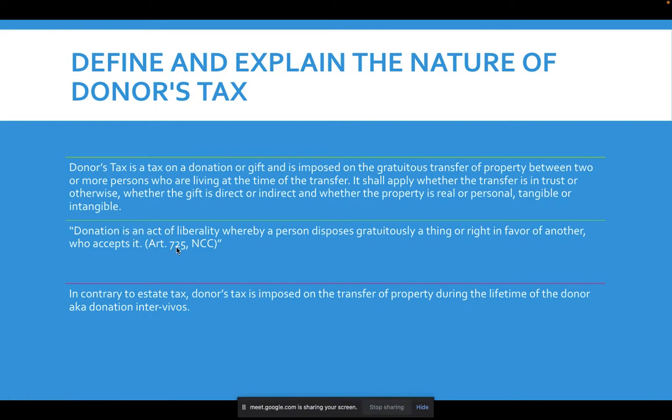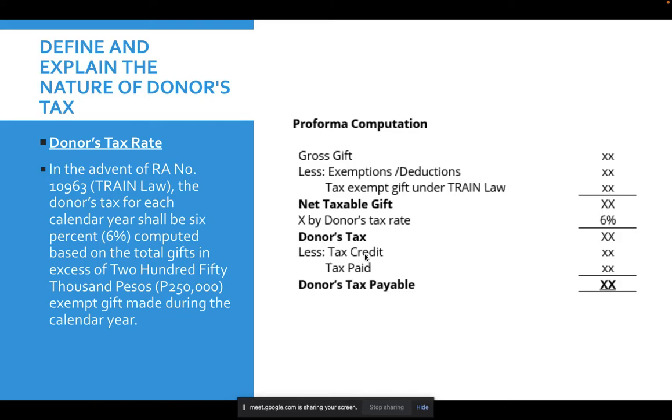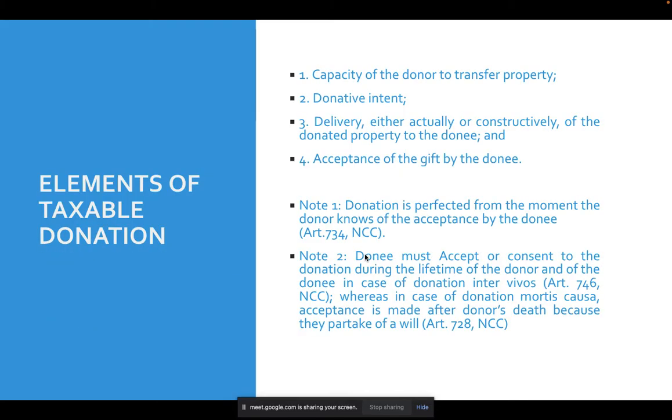Donation under Article 75 of the New Civil Code. Donation is an act of liberality whereby one person disposes gratuitously a thing or right in favor of another who accepts it. Okay? So, isa yan sa mga elements natin na hinahanap. Okay? There is delivery and it is accepted.